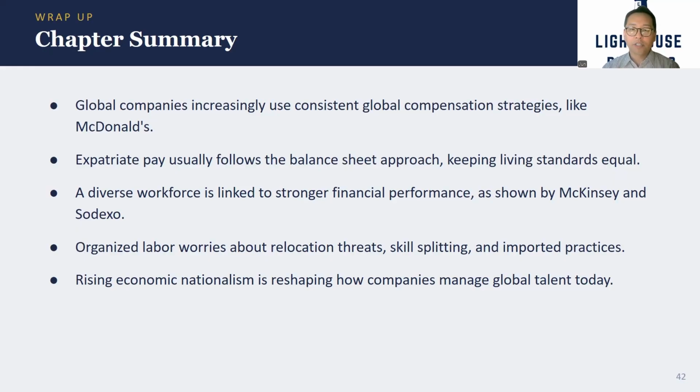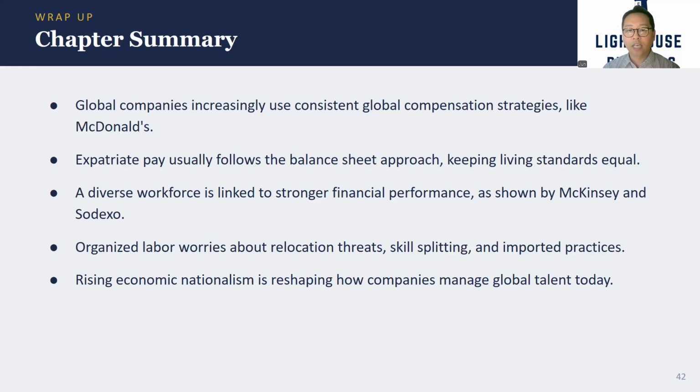A diverse workforce is clearly linked to stronger financial performance, supported by strong evidence from McKinsey and by Sodexo's detailed real-world diversity program. Organized labor has real concerns about multinational companies, including the threat of relocation, the splitting of skilled and unskilled work, and the importing of foreign labor practices.